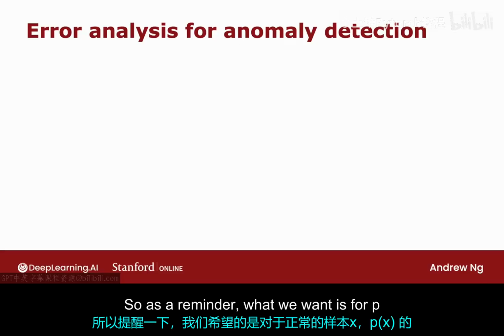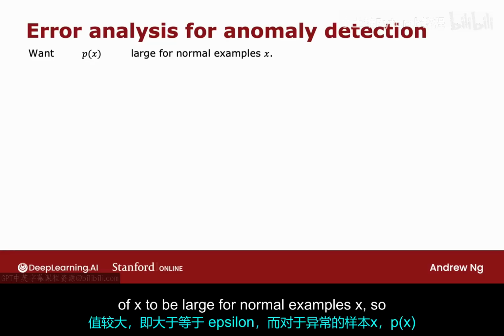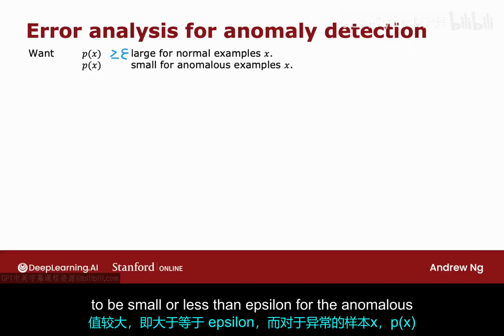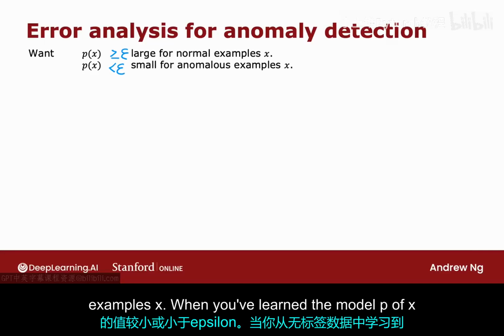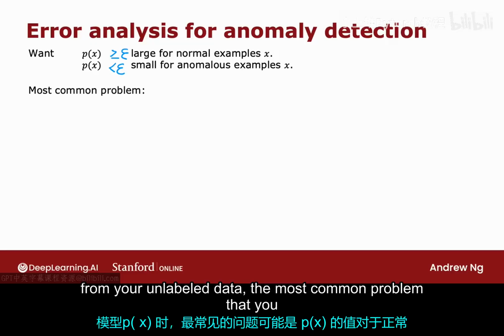So as a reminder, what we want is for P of x to be large for normal examples x, so greater than or equal to epsilon, and P of x to be small, or less than epsilon, for the anomalous examples x.